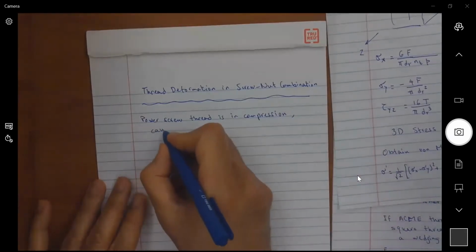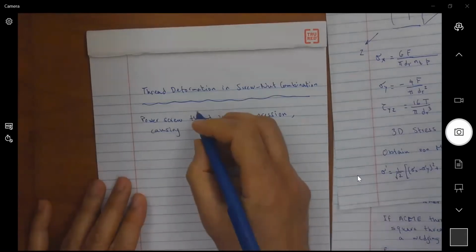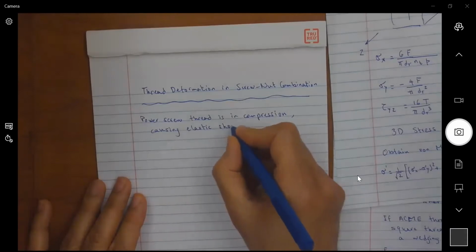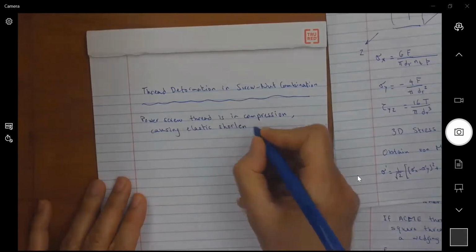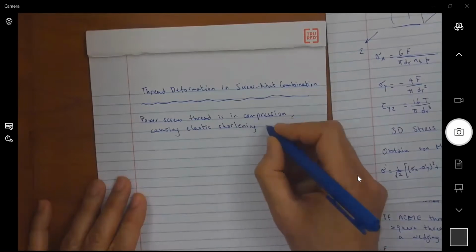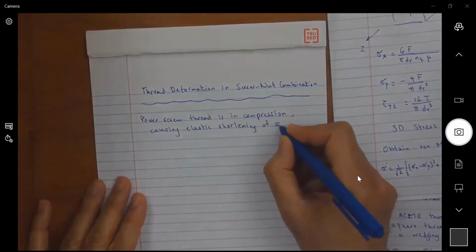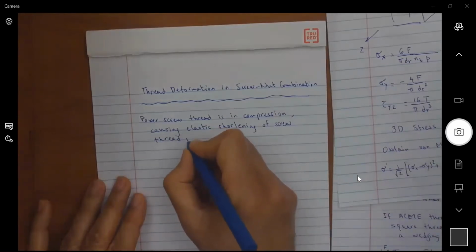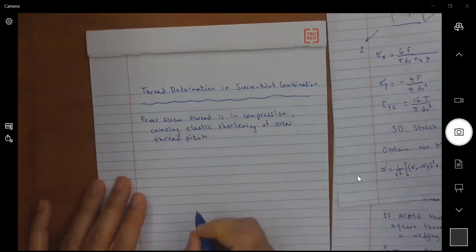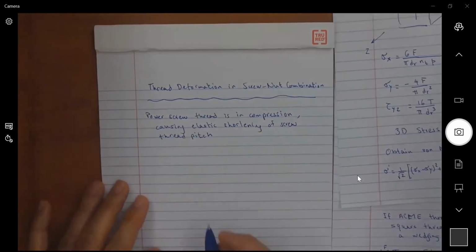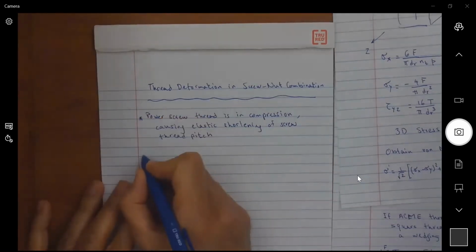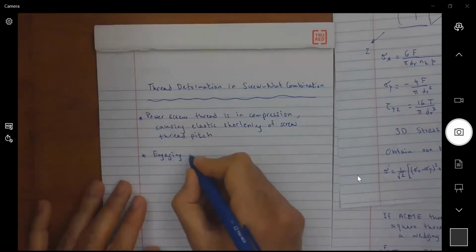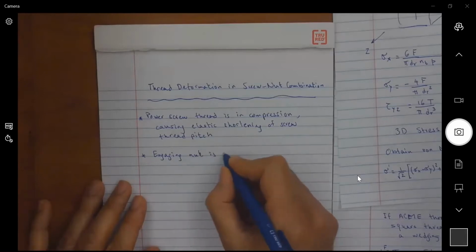Which causes elastic shortening of the screw thread pitch. The engaging nut is in tension.